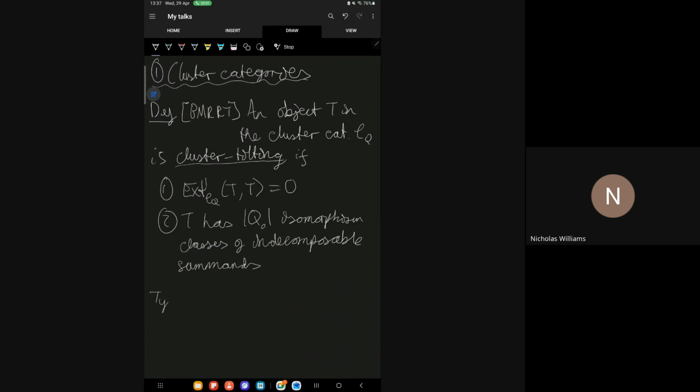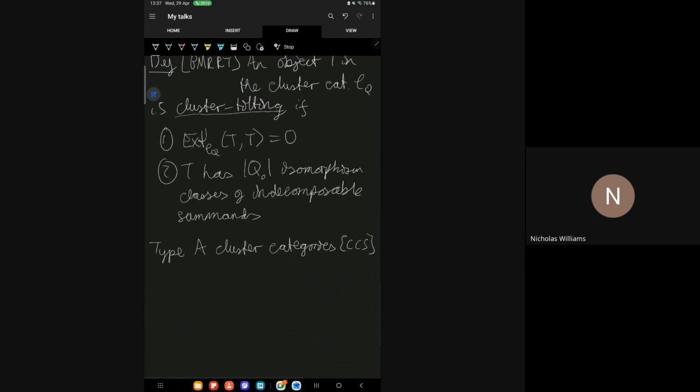So type A cluster categories were really first introduced slightly before the work of Buan-Marsh, Reiten-Reiten, and Todorov by Caldero, Chapoton, and Schiffler. And to make things easier, I'm going to denote C_n to mean the cluster category of A_n.